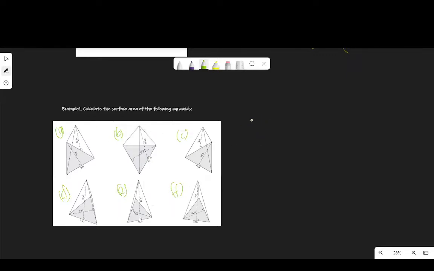For the first triangle, which is A there, triangle A, I have the base here is triangle.